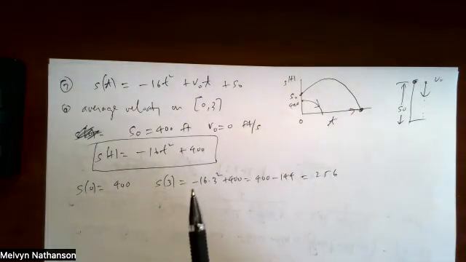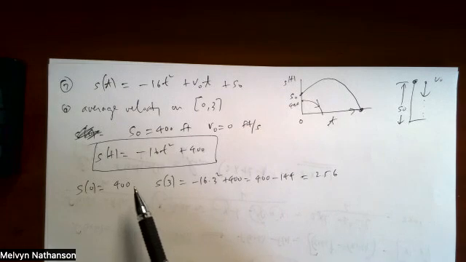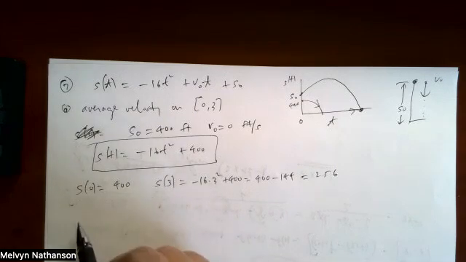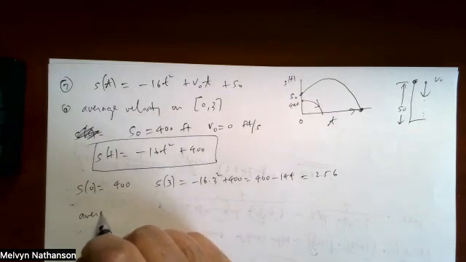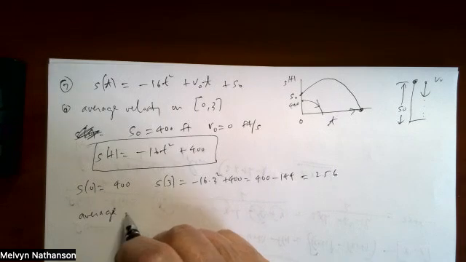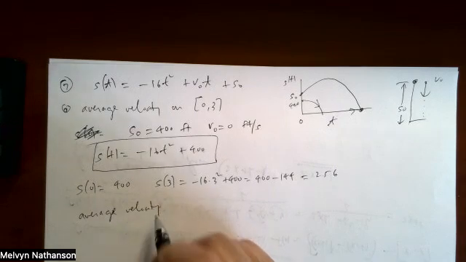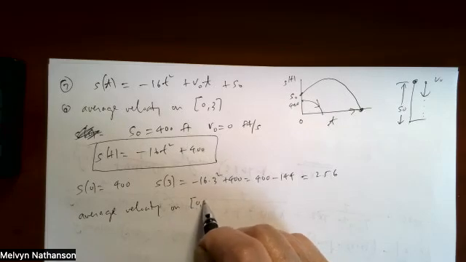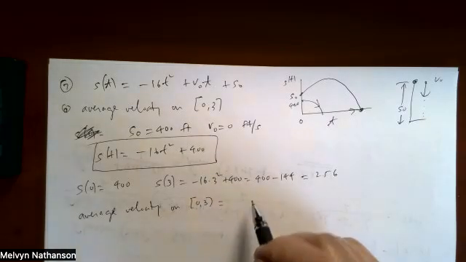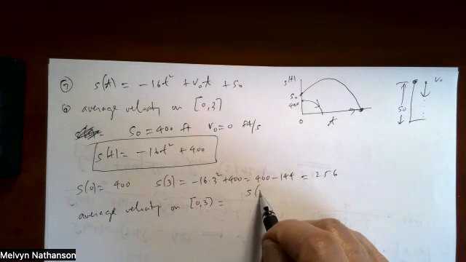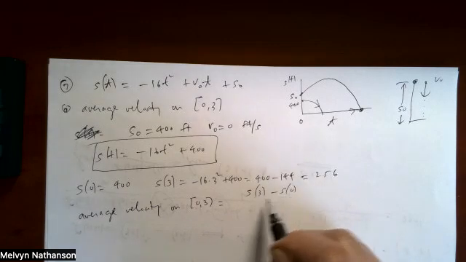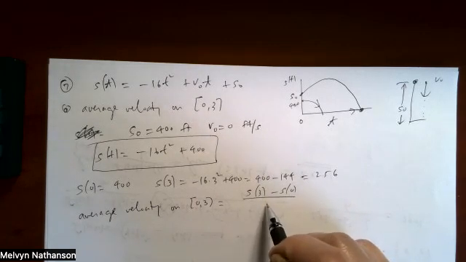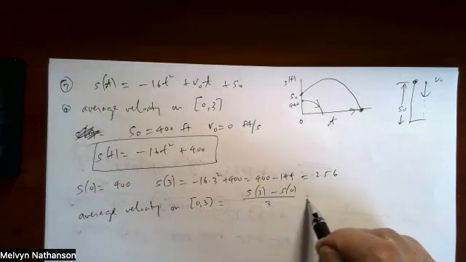So the average velocity on an interval of time is how much the particle has moved in that interval of time divided by the amount of time. So the average velocity on 0, 3, from time t equals 0 to t equals 3, is equal to s of 3 minus s of 0 divided by the time interval 3.